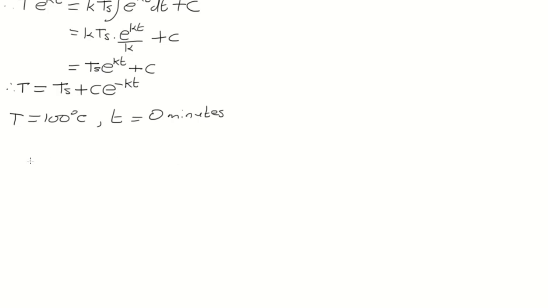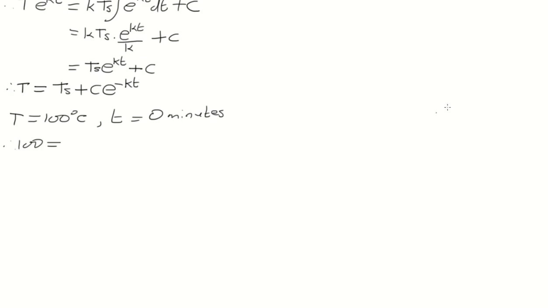Okay, so this condition will help us get a value of K. No, we will get a value of C. This is the beginning. So let's go ahead and try to get it. 100, if we may omit the symbol degrees Celsius, I'll just say 100 is equal to Ts. The surrounding temperature is given.